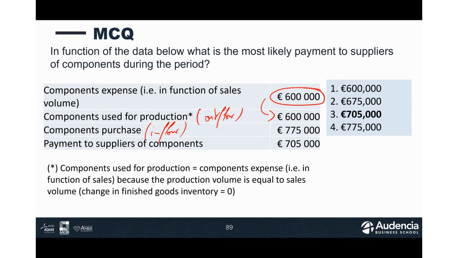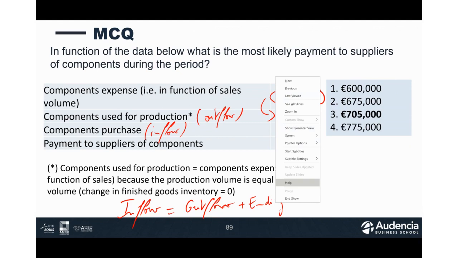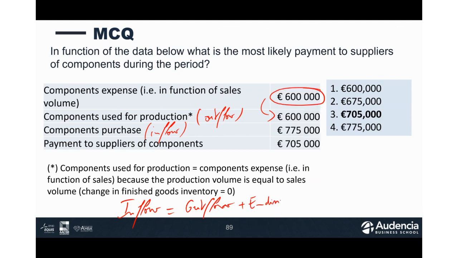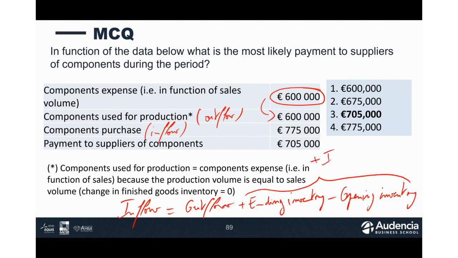So the inflow is equal to the outflow plus ending inventory. So now we have all the available inventory. Ending inventory is about the components inventory minus opening inventory. So it's plus the increase or minus the decrease. Okay.